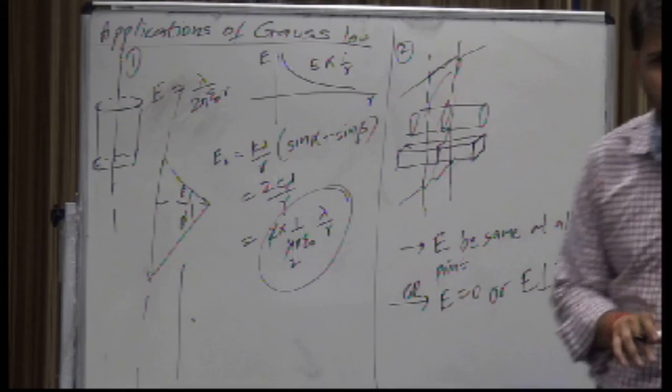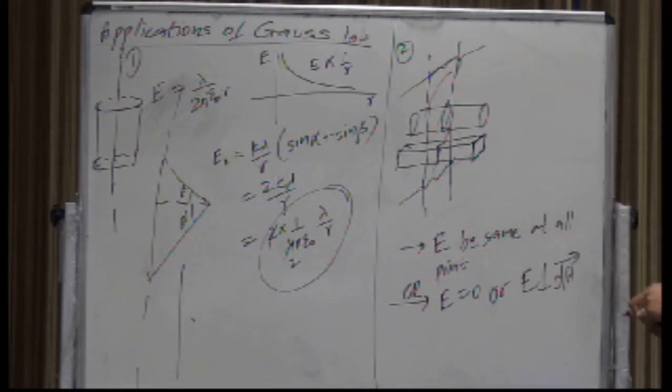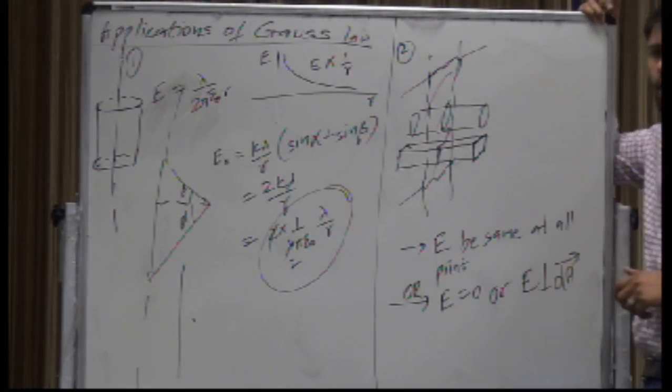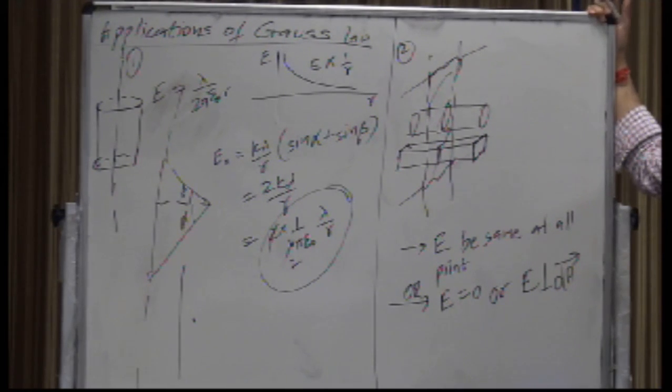These are the points to be considered. So either the magnitude should be the same, or the angle between E and area should be 90, so the dot product is 0 and you don't have to calculate it.